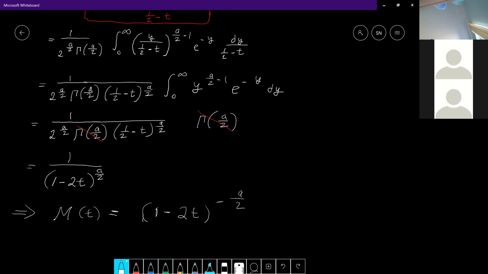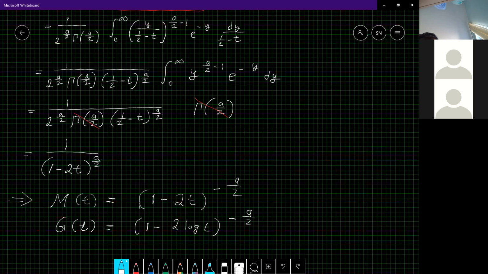And similarly, you can show that the PGF, I'm not going to prove it, but I will leave that for you to prove, of a chi-squared variable with a degrees of freedom is equal to this.